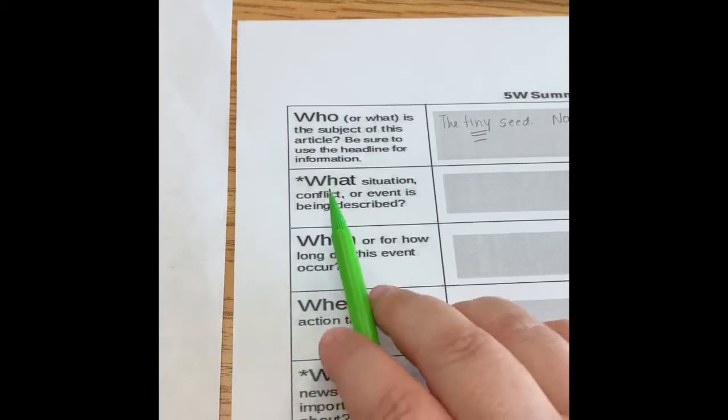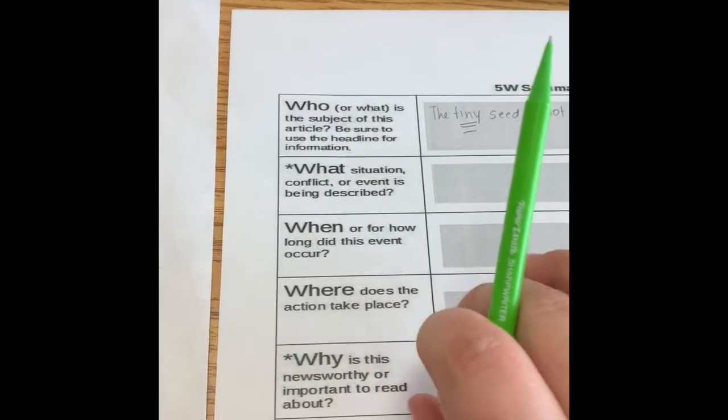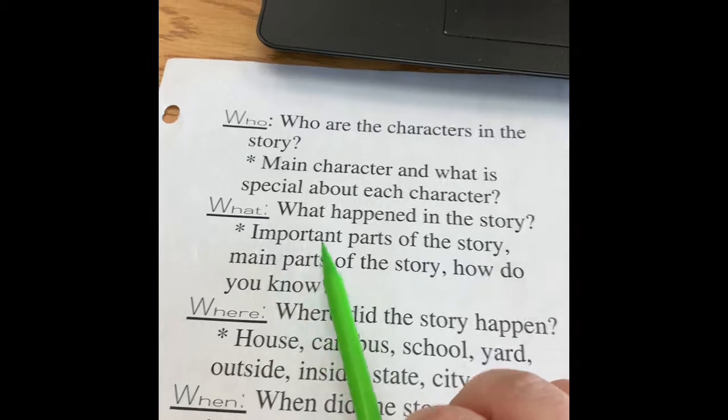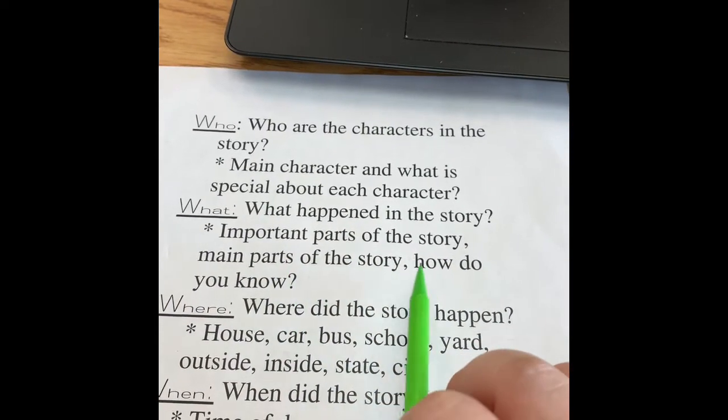Next is our what. It says it's our situation, our conflict, or an event is being described. It can also be what happened in the story, important parts of the story, main parts of the story, and how do you know? So what happened in the story about the tiny seed?